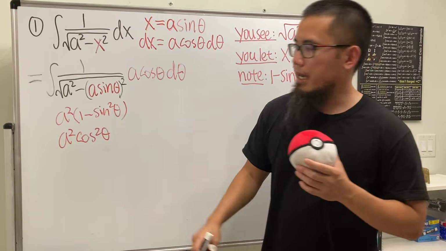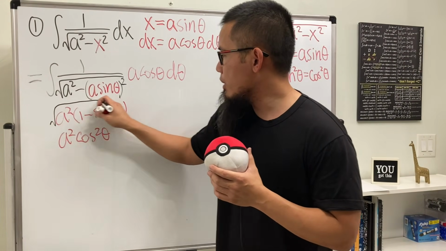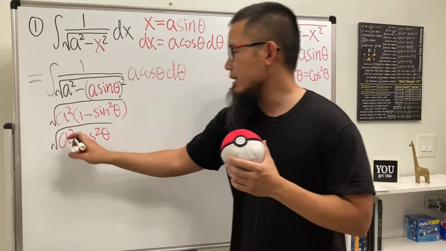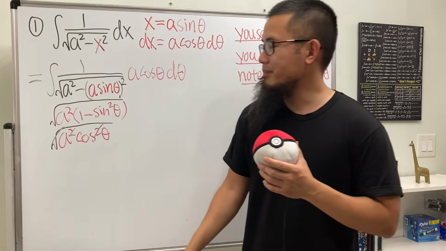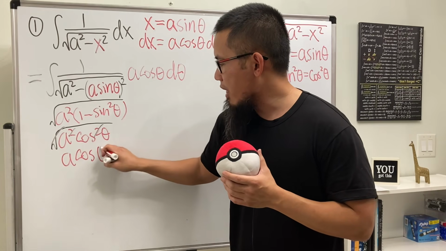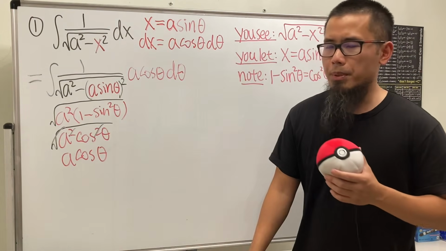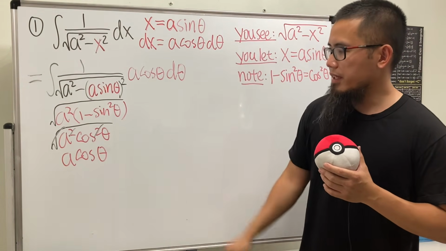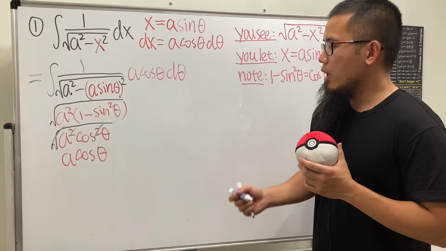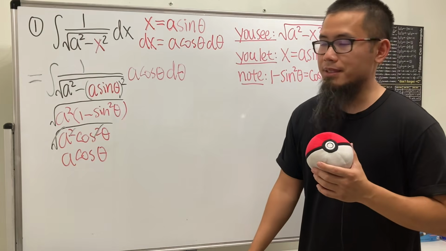And you have to keep in mind, this right here is still inside of the square root, right? And the beauty of this is that this cancels out. So altogether, we just get a times cosine theta. And you don't have to worry about the absolute value for this indefinite integral because we're just trying to find an antiderivative for this.